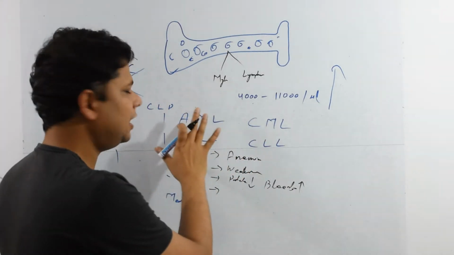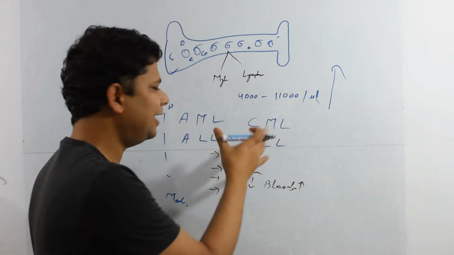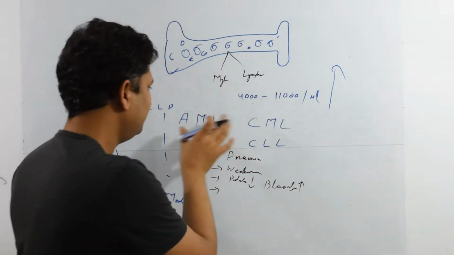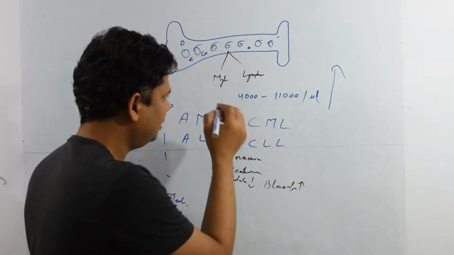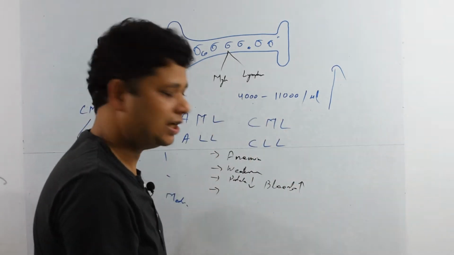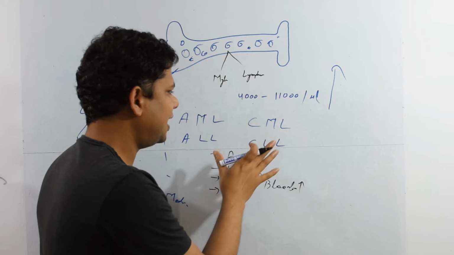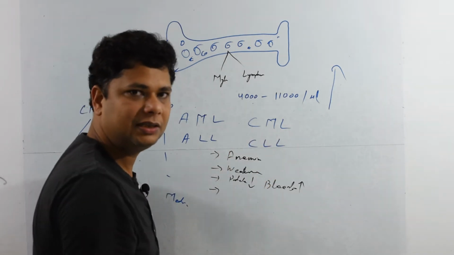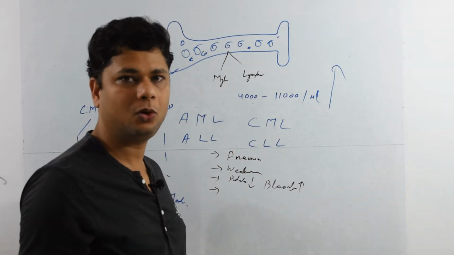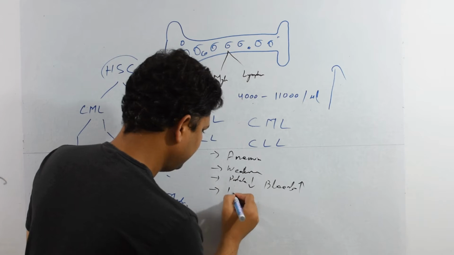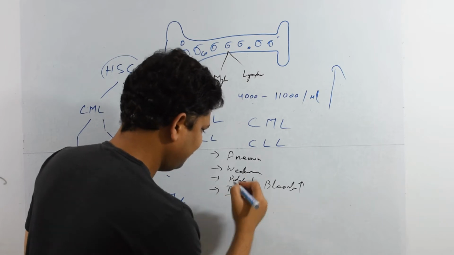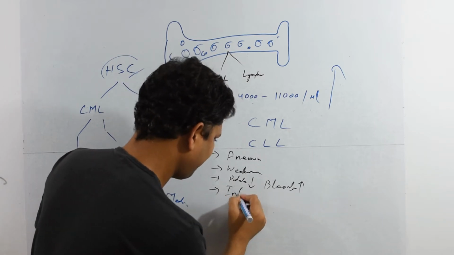Also, these are immature cells. They cannot help in gaining immunity. What is the basic function of leukocytes? They help in immunity. Because these cells are increasing, there will be no mature cells, so we are very prone to infection. So you will get frequent infections.